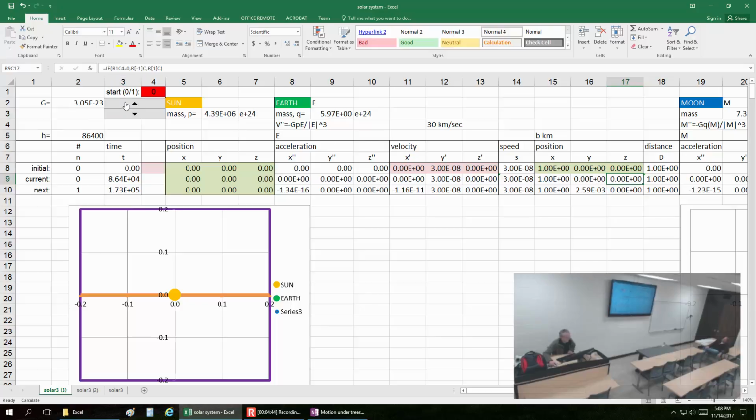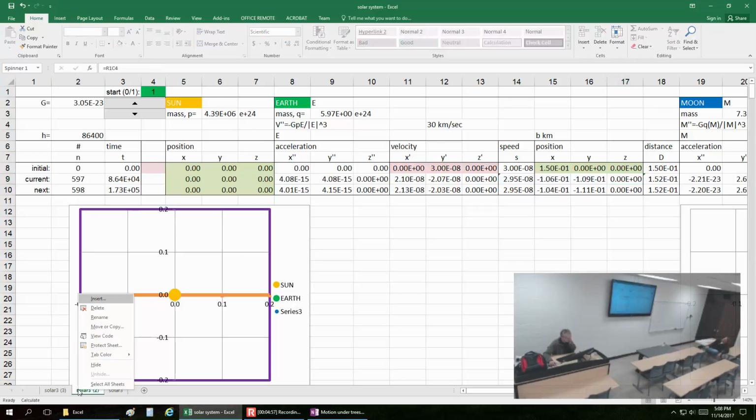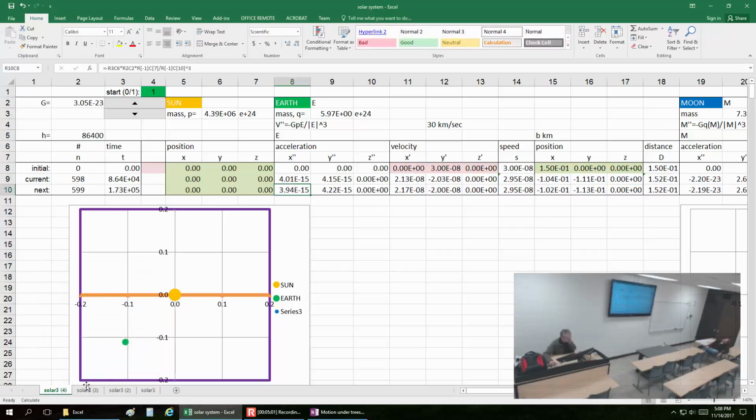Okay. Whatever happened? I thought I went back to the original, but I guess not. Okay, so let me try to do it again. Okay, so the initial position is here, initial velocity there, and then we are doing rotation.